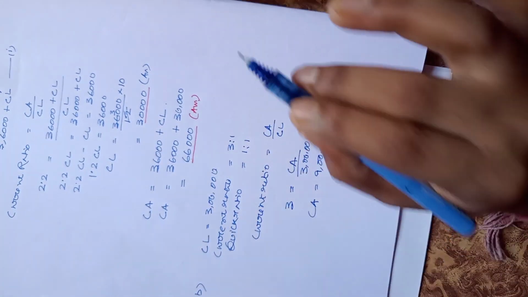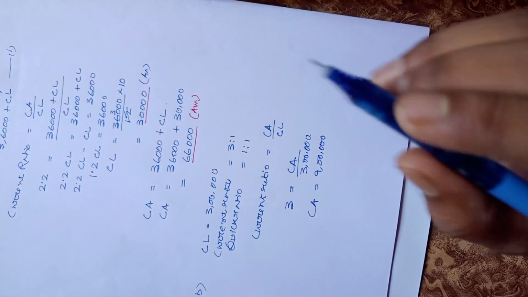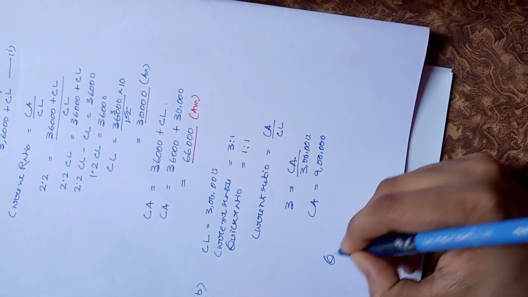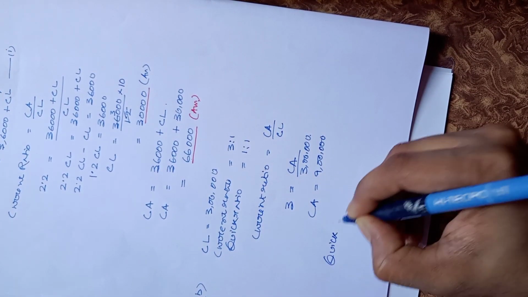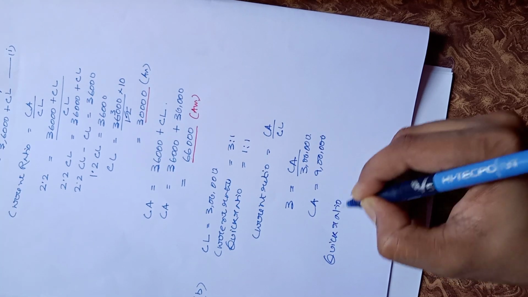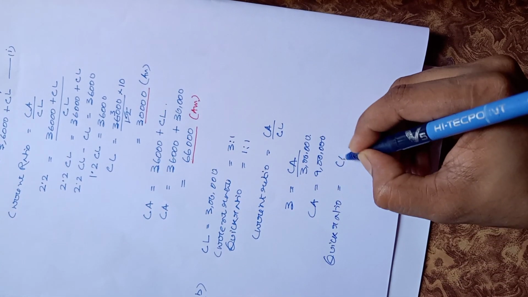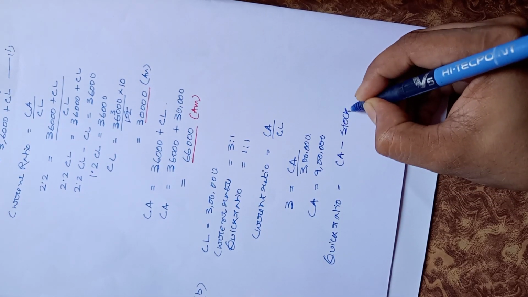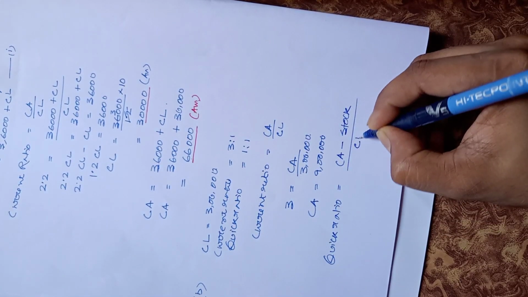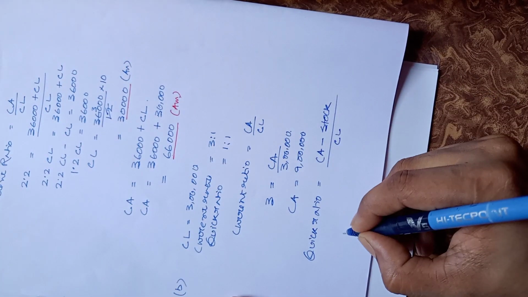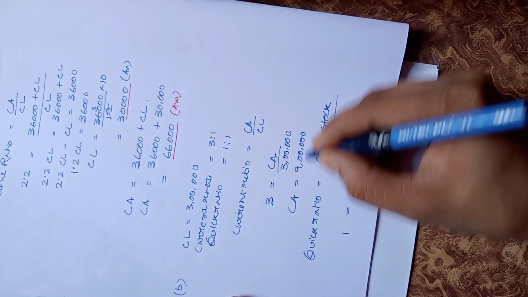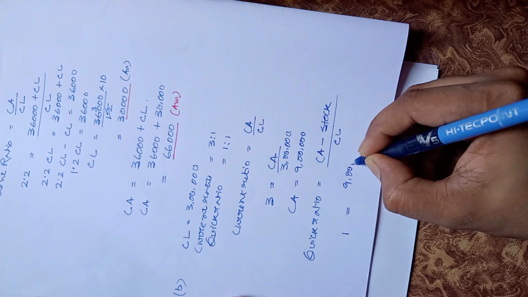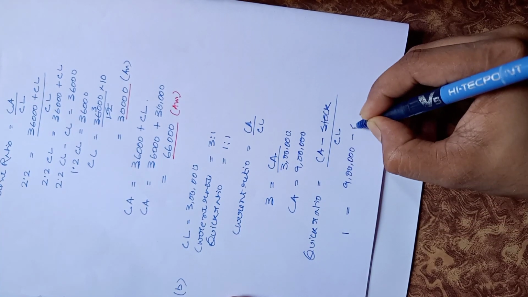Now how will we find out the stock? We know the quick ratio formula. Quick ratio is equal to current assets minus stock divided by current liabilities. Now the quick ratio is 1. Current assets, we know, is 9 lakhs. We don't know the value of the stock.